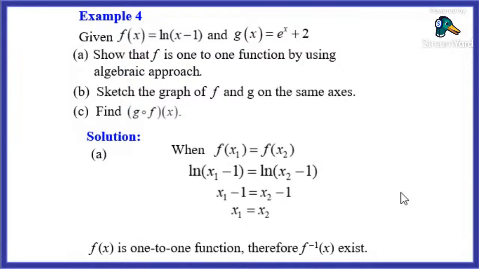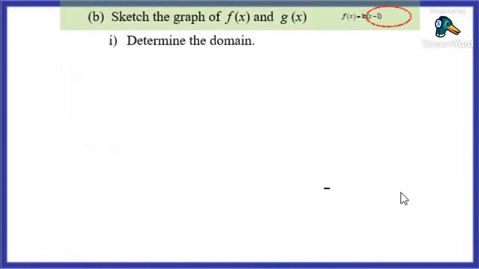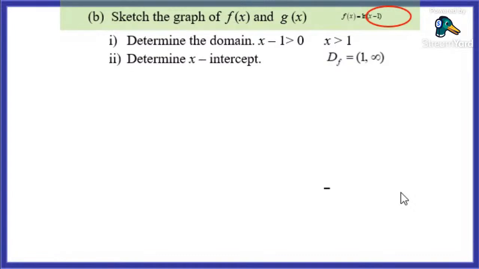So we have log and exponent there. For log, the domain is that whatever is inside the log must be more than zero. So x minus 1 more than 0, so x should be more than 1. So the domain is 1 to infinity. The x-intercept, because it's a log. So when y equals 0, natural log of (x minus 1) equals 0.